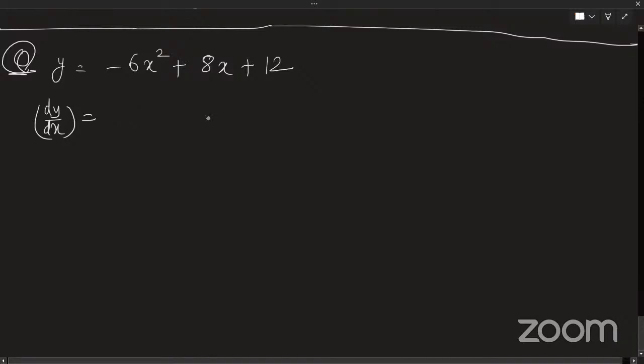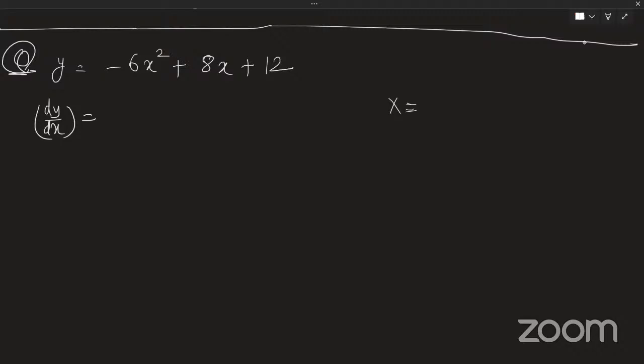Sir. हाँ, tell. Manoj, were you speaking? Tell me the answer. So it shouldn't be minus sir. Okay, correct. So what is the answer? Tell me the value of x. Minus 8 by 12. So earlier you told me that it shouldn't be minus, and now you're again telling minus 8 by 12. Then how to do?